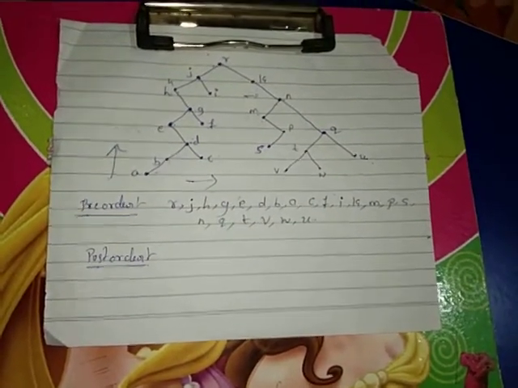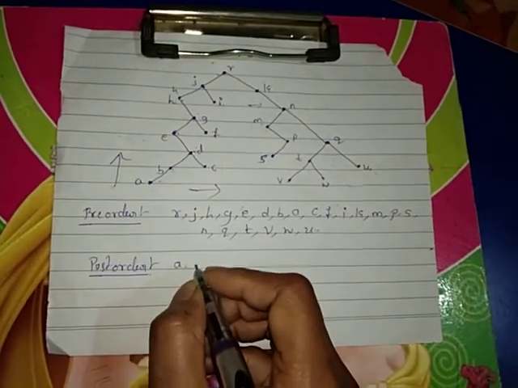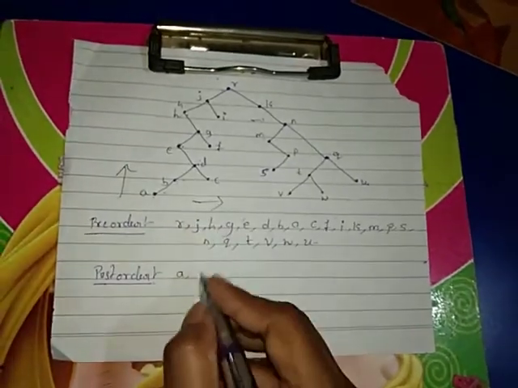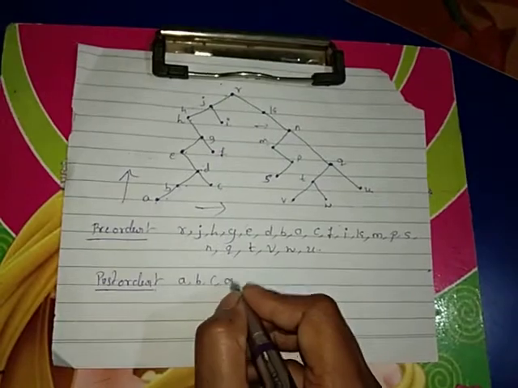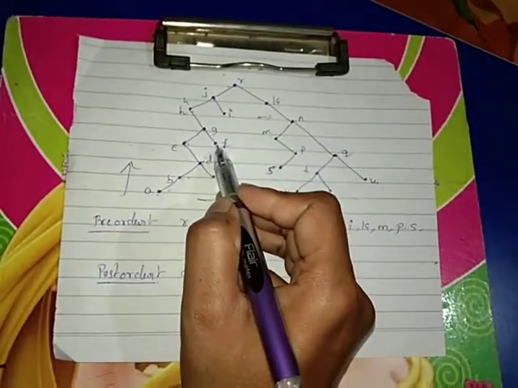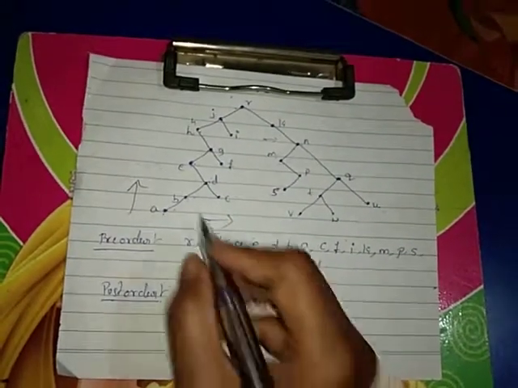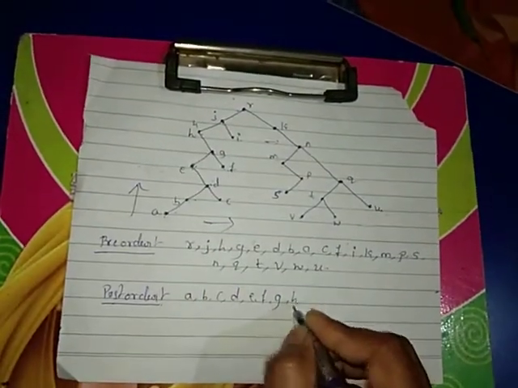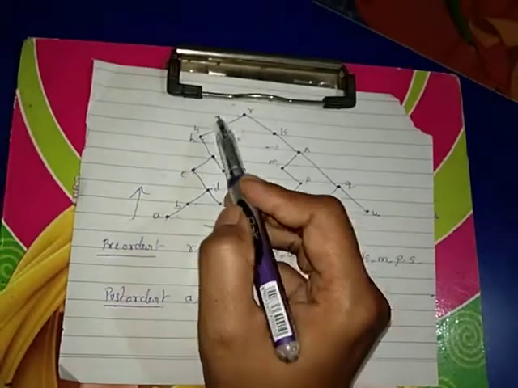As we come to the leftmost descendant vertices, first one is A, and then B, C, and then D. Next one is E, F, G. Next H. Next I. And then J.